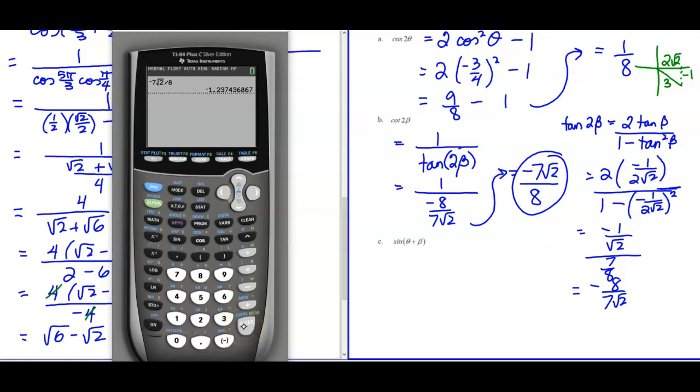So given our sine, so second sine of 1 over 3 is our reference angle. So then that would be 2 pi minus the reference angle. That would be our angle times 2. Tan of that. And then 1 divided by that.